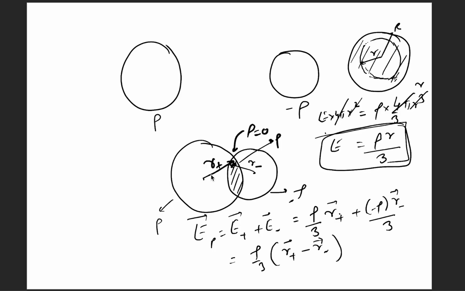Now this r plus and r minus, let us say this is vector L. So you see vector L plus vector r minus is equal to r plus.